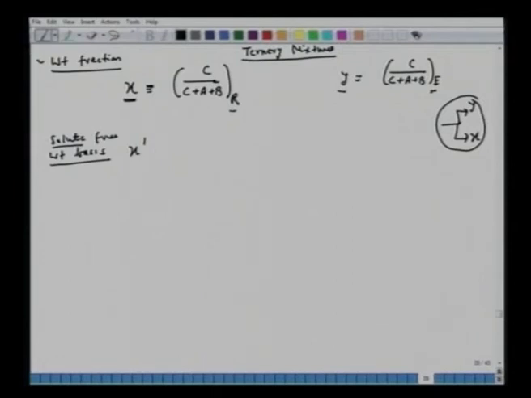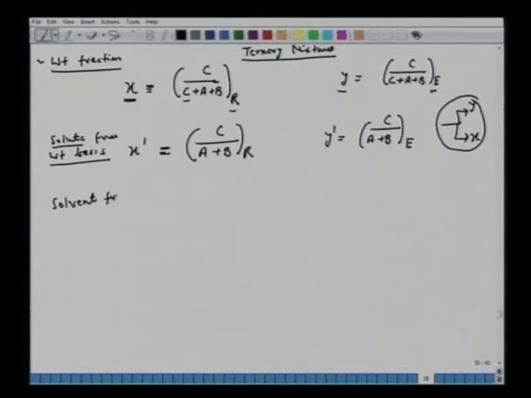So now we have X dash, the solute free basis, that means this is C over A plus B in raffinate. Notice the difference here. Some of the computations become quite simpler if we work on this solute free basis. Similarly, we will have Y prime, which is C over A plus B, no C in the denominator, for the extract phase.